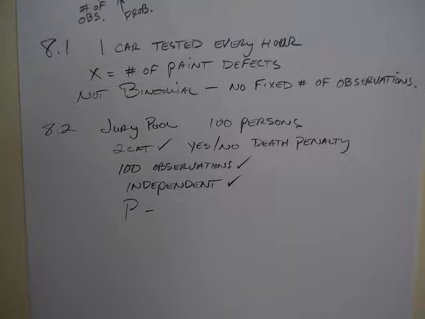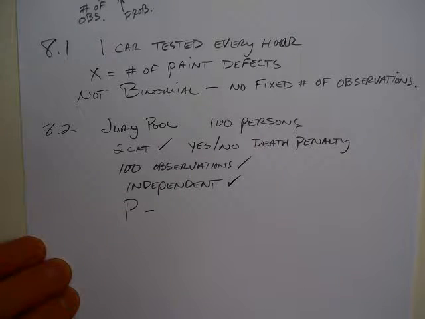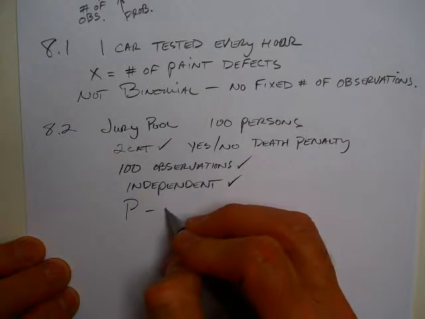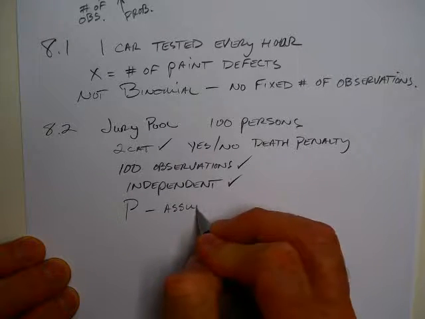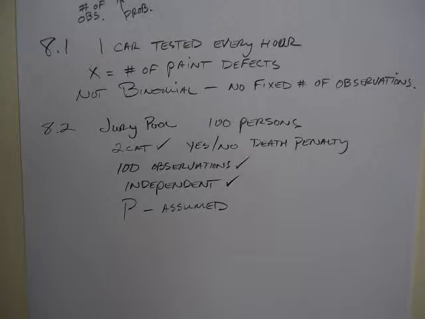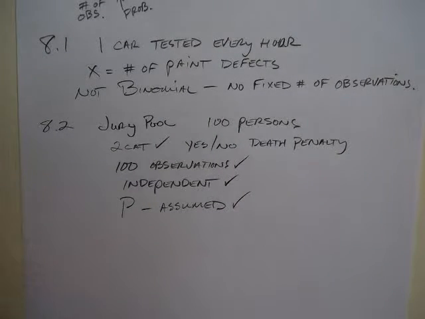So oftentimes we have to assume things in statistics, and this is one of the ones where we would assume that the probability is a fixed amount from individual to individual. So in this case, we have to make an assumption, but it seems a reasonable one to make. Okay.